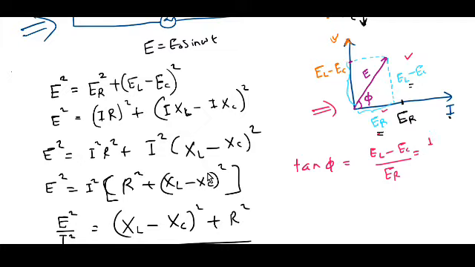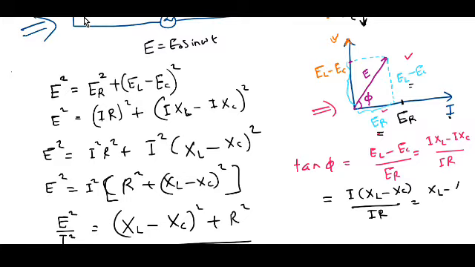That is I XL minus I XC divided by I into R, which is I taking outside, XL minus XC by I into R. This is XL minus XC by R.